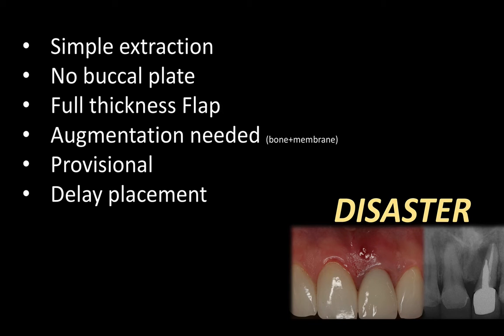I'm going to be missing the buccal plate, and many times it's safer, more conservative, less problems by delaying the placement. So you can tell there's a lot of things we can learn just by spending some time to look at the radiograph to assess the patient, and that will help you to create a good plan of action.